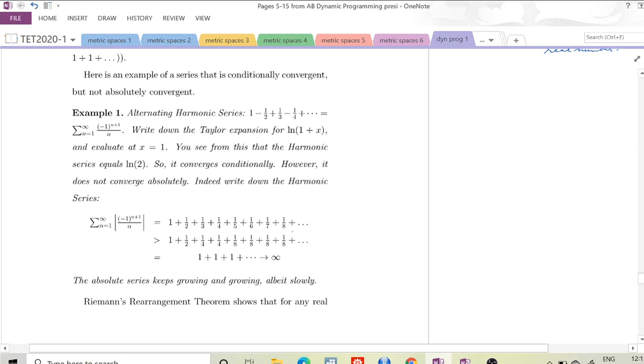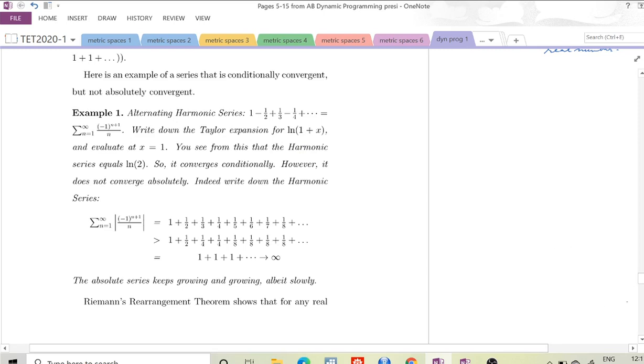It doesn't converge, as the following argument shows, right? And there is then this example that this alternating harmonic series is conditionally convergent, but it's not absolutely convergent, right?